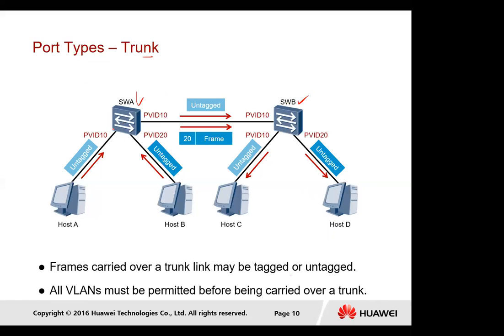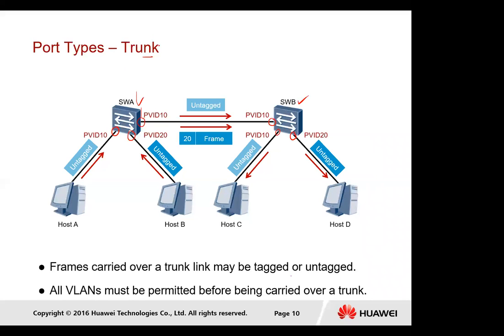So you see that I have PVID 10 connecting to host A, PVID 20 connecting to host B, PVID 10 connecting to switch B, and PVID 10 connecting to switch A. PVID 10 for host C, PVID 20 for host D. So you see that from here right now, host A sends an untagged frame.